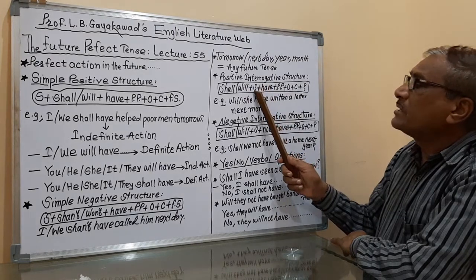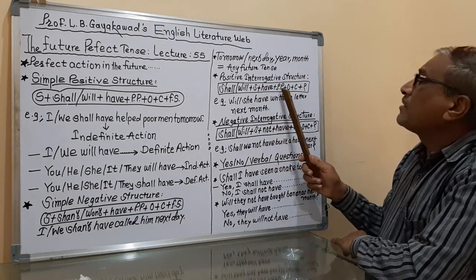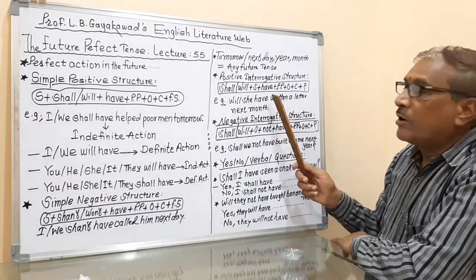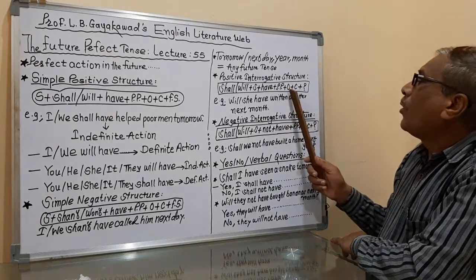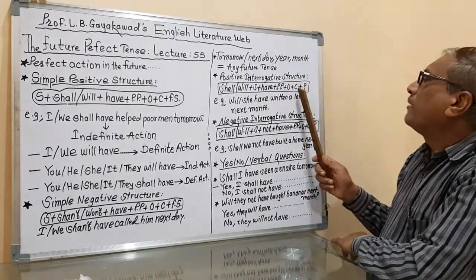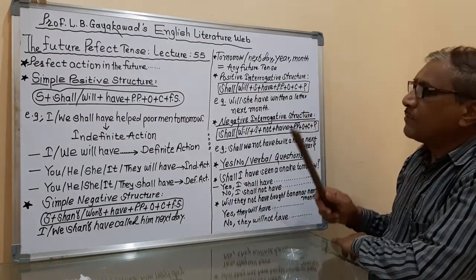Then we will take the subject. Then we will take have. Then we will take pp. PP means past participle, means the third form of the verb. Then o. O means object, means we will take the object there. Then we will take the complement there, and then we will take the question mark.